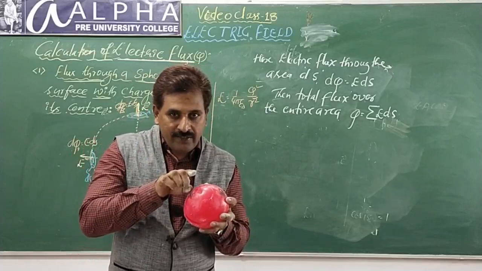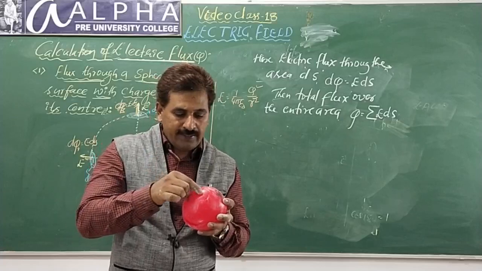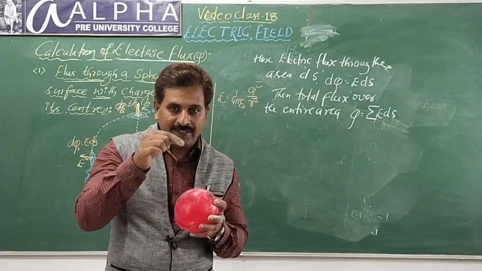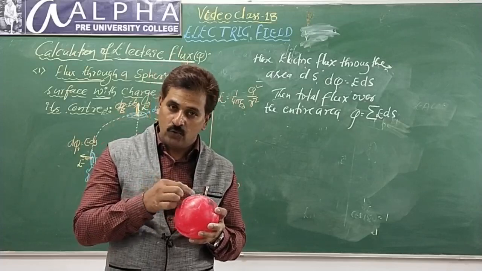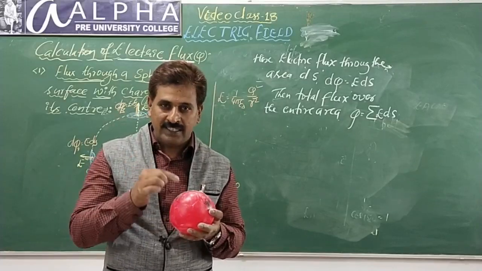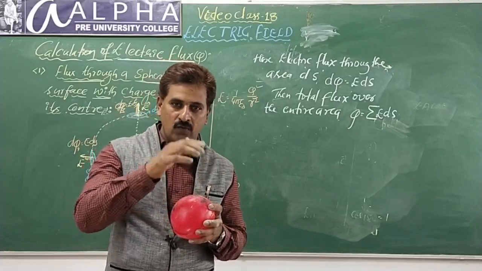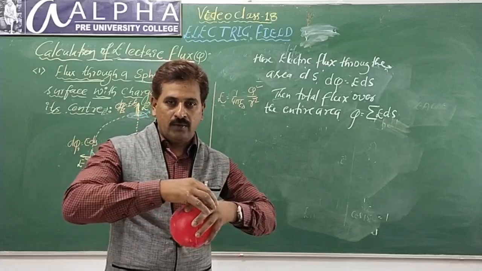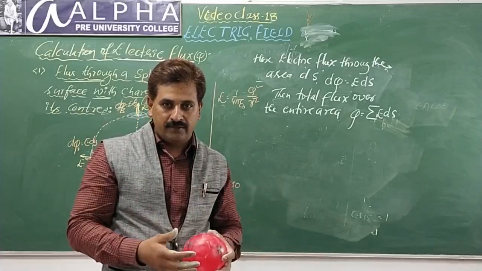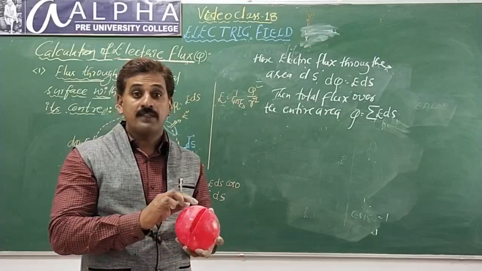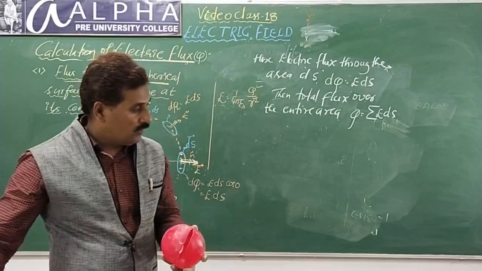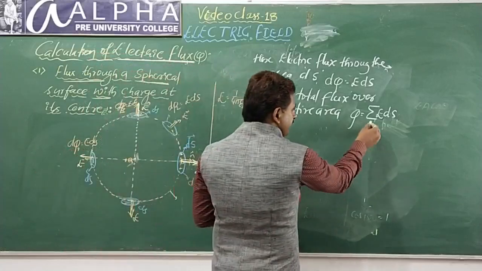Then the electric field is along the normal. What is electric flux over a small area? E into ds. One patch E ds, two patches 2 E ds, three patches 3 E ds, four patches 4 E ds, and so on. We keep adding until we complete all the patches.